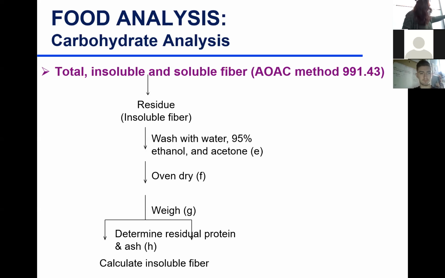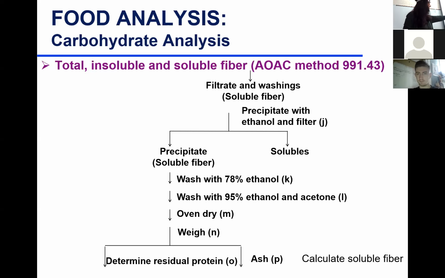So that was the insoluble residue. Now the soluble filtrate contains amino acids, the sugars, glucose, and your soluble fibers. I want to determine the amount of my soluble fiber. At this point, I can take that filtrate, precipitate with ethanol, and filter.